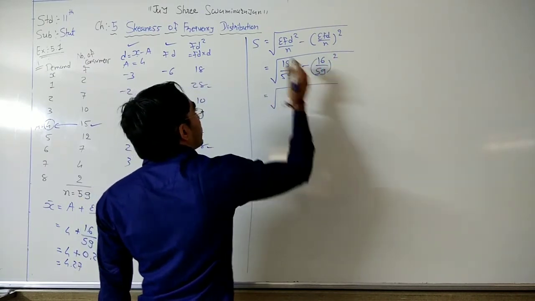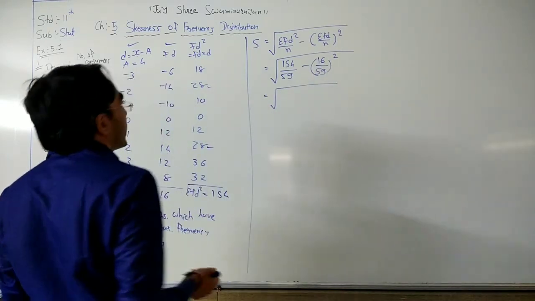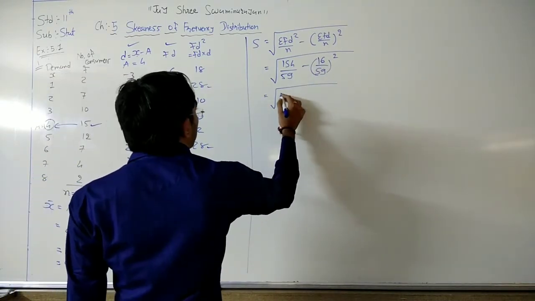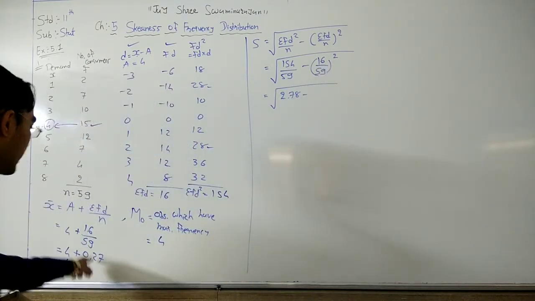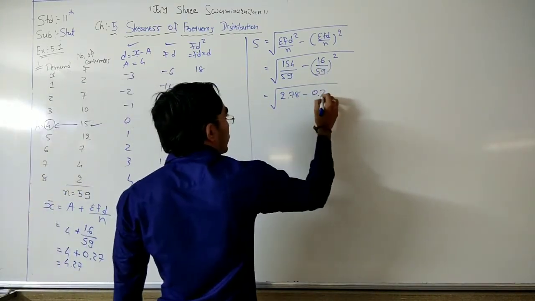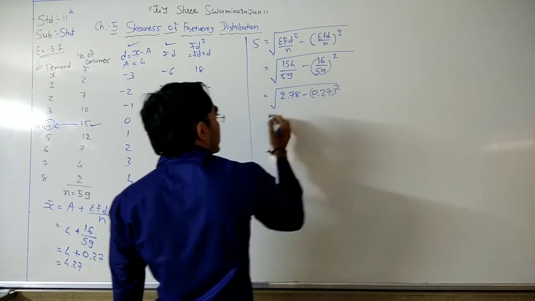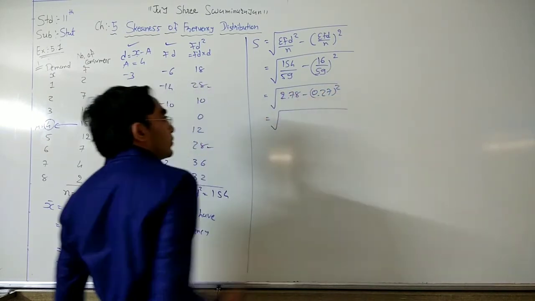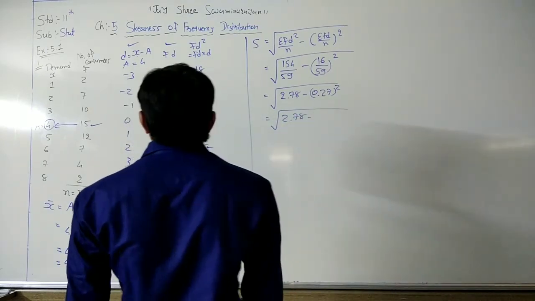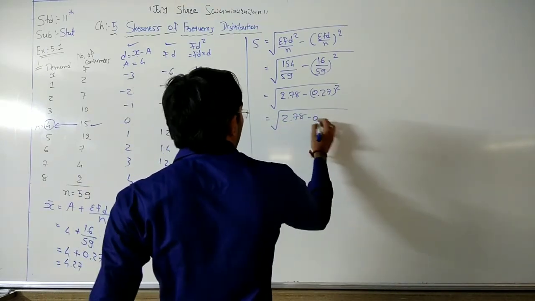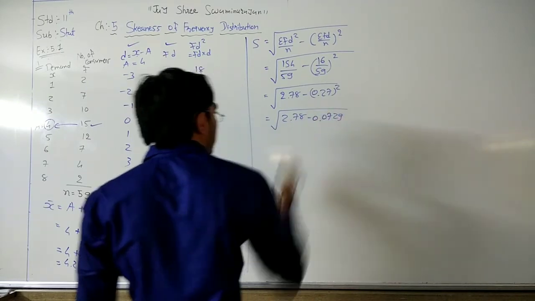Now use the calculator. 154 divided by 59 is 2.78. We already found 16 by 59 is 0.27, so 0.27 all square. 27 square is 729, so 0.0729.